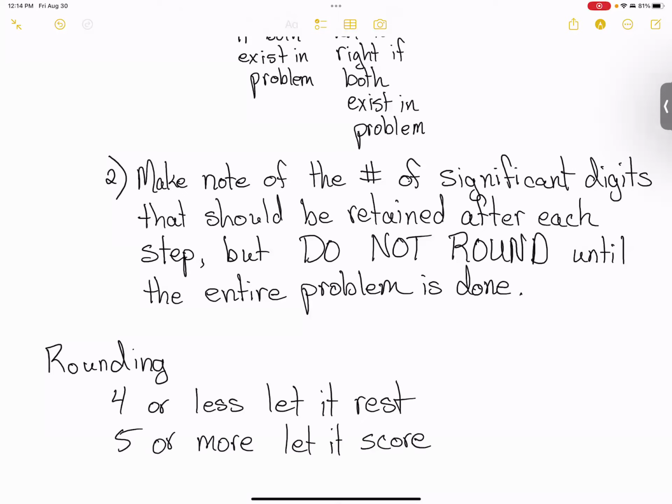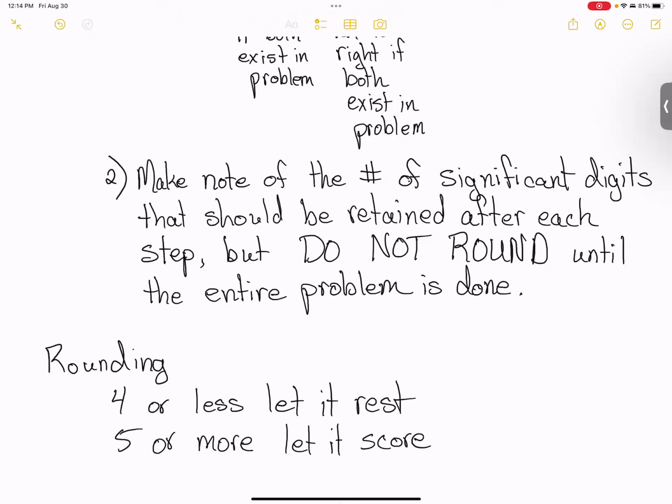So in other words, you don't round if the digit following the last digit you need is 4 or less. We do round if the digit following the last digit we need is 5 or more. There's actually rules for fives, and rules for natural logs, and rules for logs.